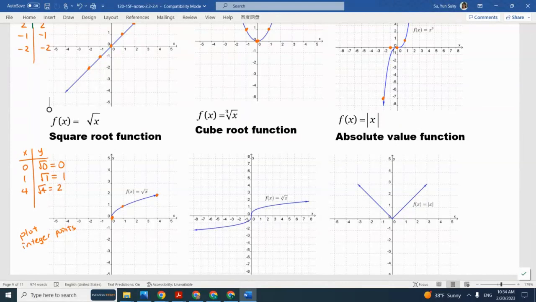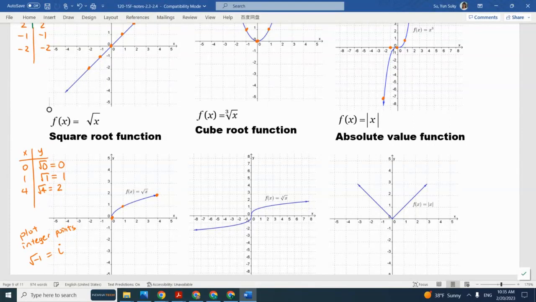So the graph looks like that. Can you tell me what is the next x value you can plug in to get an integer? 6? Square root of 6, is that an integer? 9. Yes. Square root of 9 is 3. Right, everybody? How about negative? Can I plug in -1?